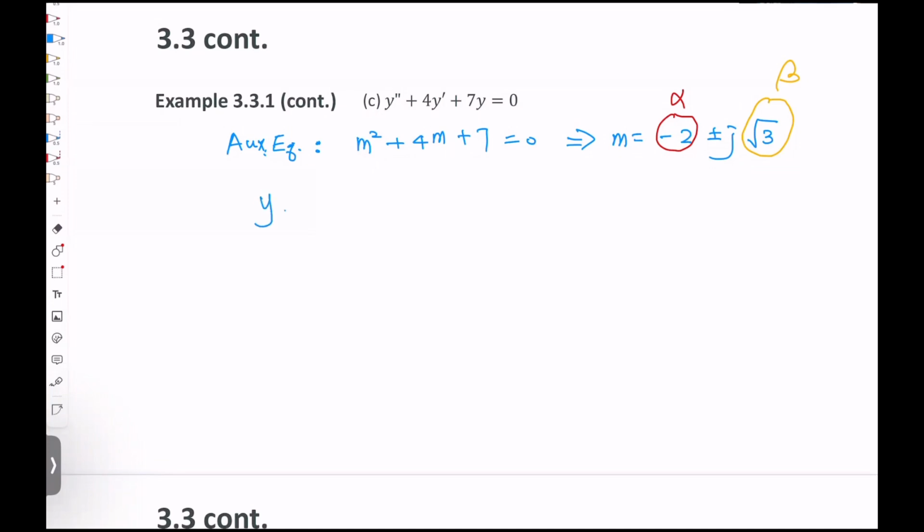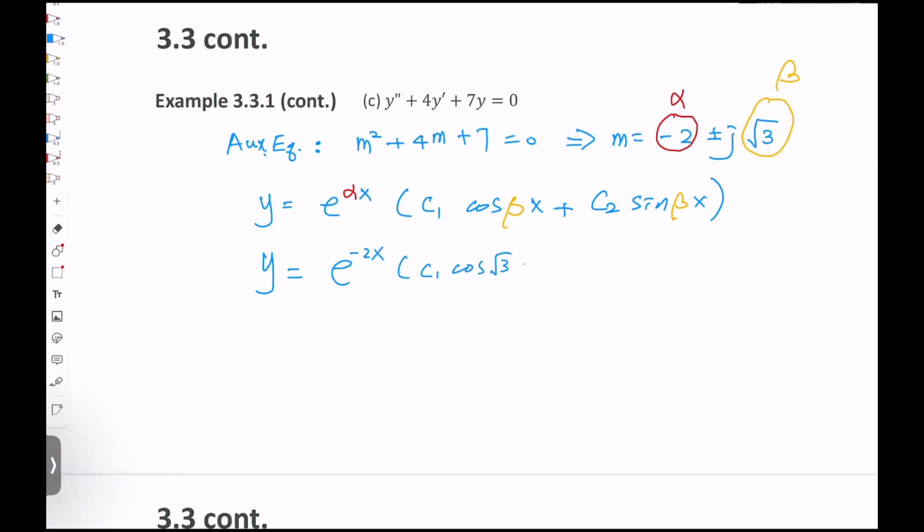The solution for this case is y equals e to the alpha x times c1 cosine plus c2 sine. Then we have e to the -2x times c1 cosine square root of 3 x plus c2 sine square root of 3 x.